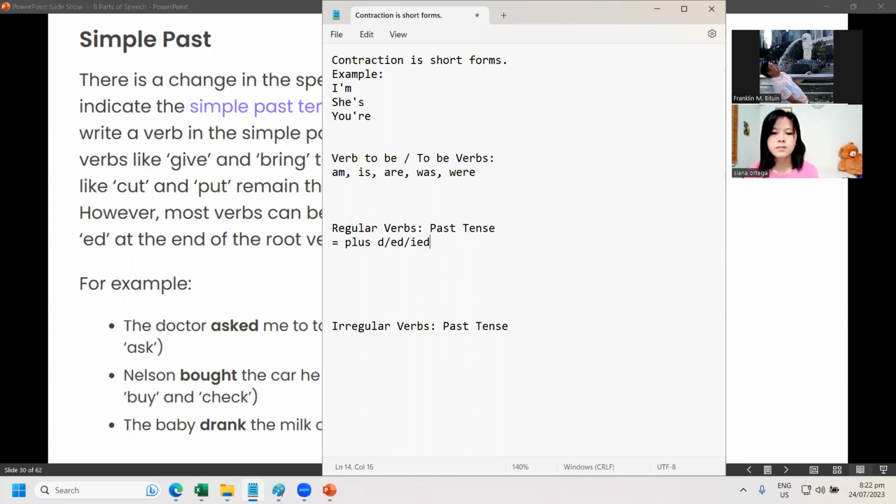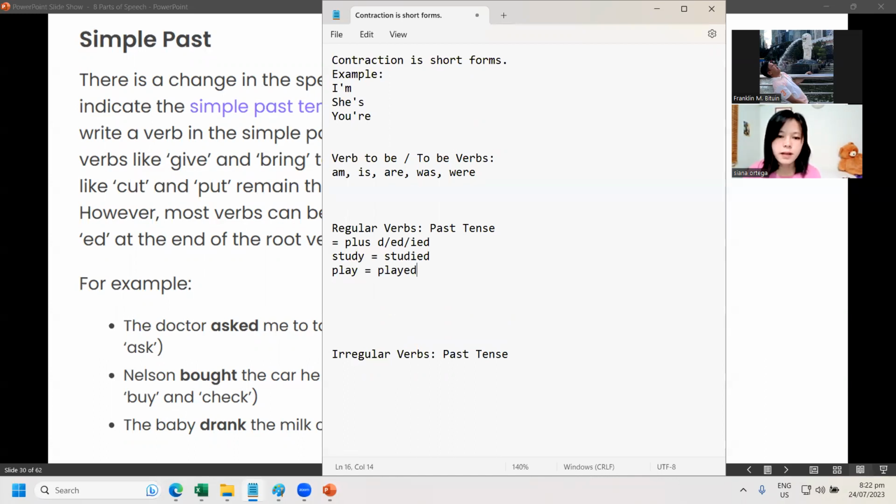That's for the regular verbs. For example, you say study, what's the past tense? Studied. That's the ied. You say play becomes played. Check becomes checked. So that's the regular verbs. You just add D, ED, or IED.